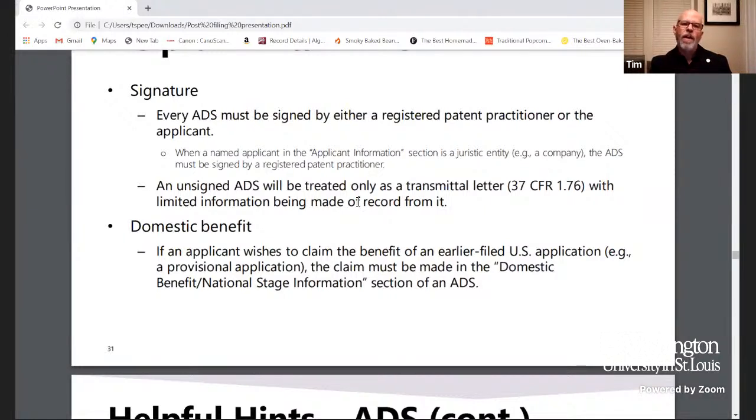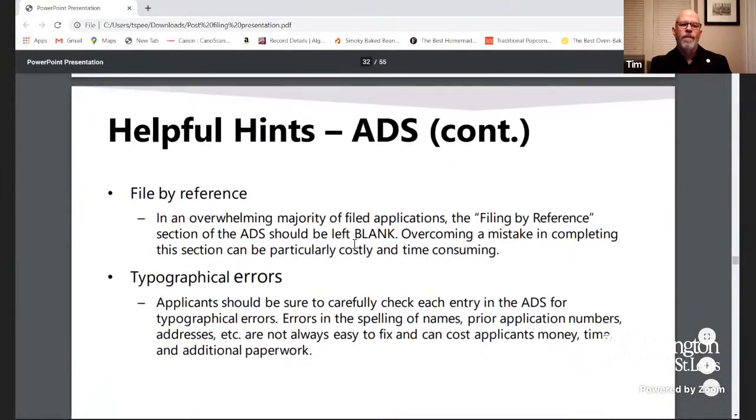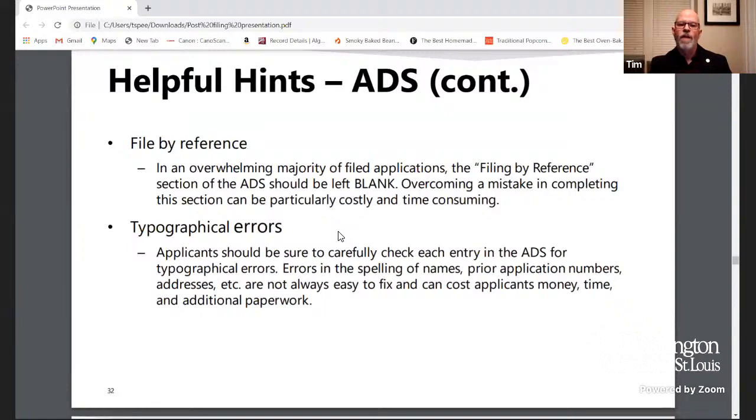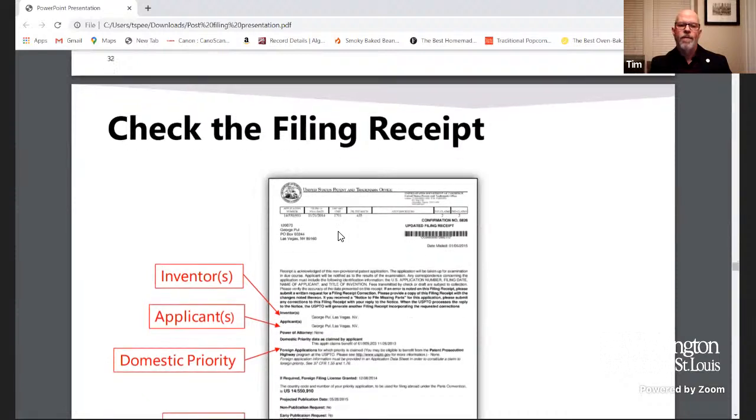And again, if it's not done correctly, you'll be getting a notice to file missing parts and have an opportunity to fix those things. Filing by reference, and typographical errors, avoid typographical errors when you file that information.